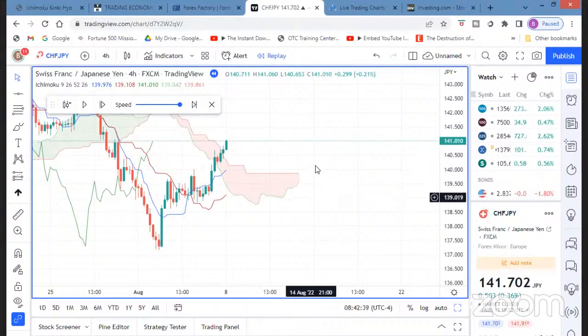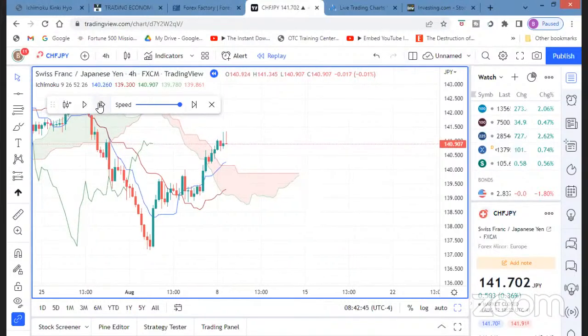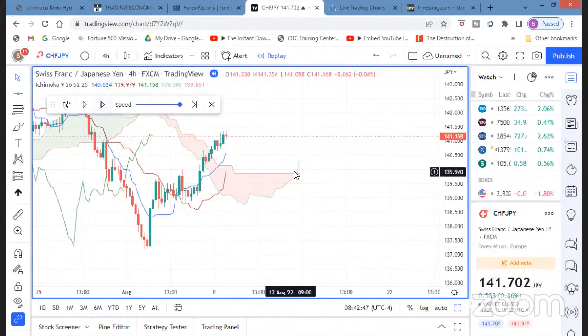Look. Still bearish though. See, look. See how that started to change? See your crossover? All right.